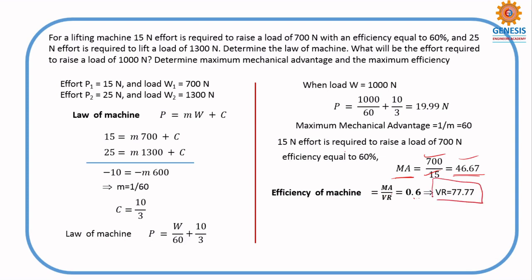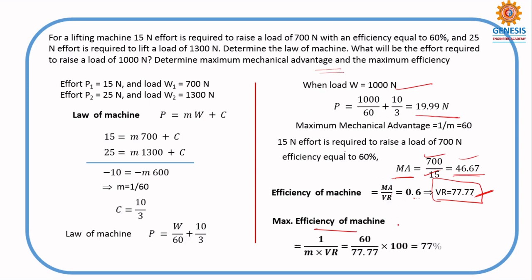From the data given in the first case, we find the velocity ratio for this load, and then the mechanical advantage. I have solved this: the maximum mechanical advantage is 1 by m only, and the maximum efficiency is calculated like this.